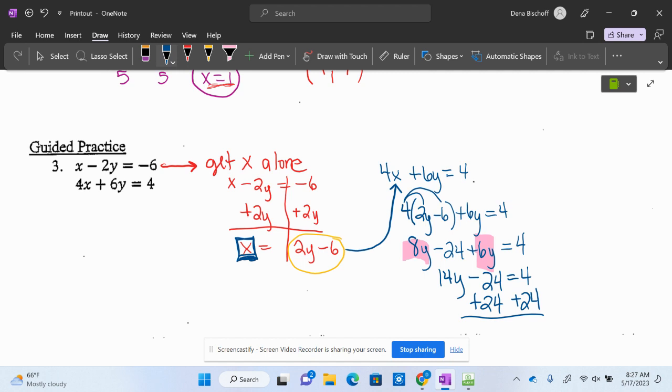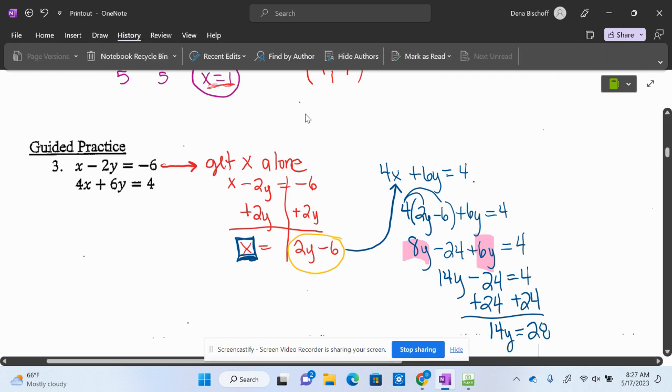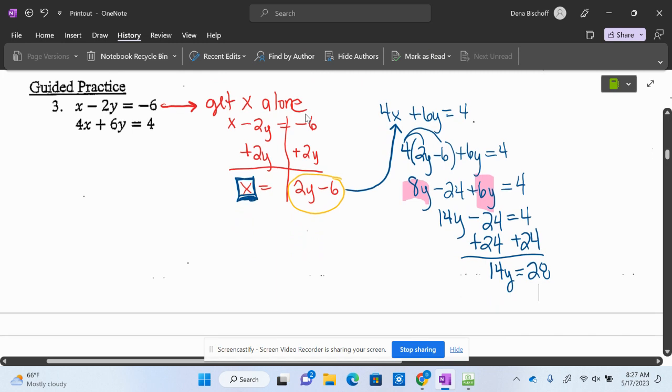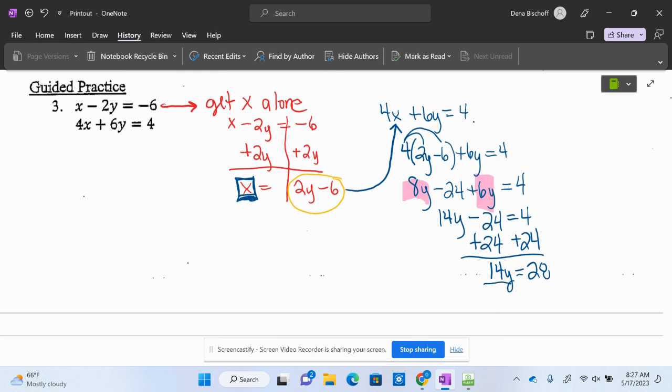So 14y equals 28. I'm trying to slide my screen up a little bit. There we go. Divide both sides by 14, and I find out that y equals 2.